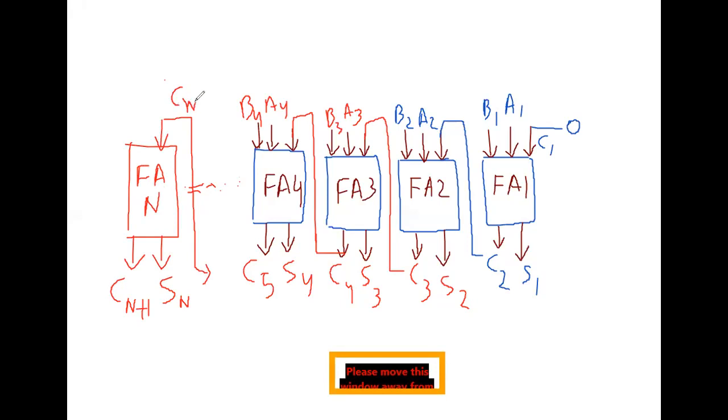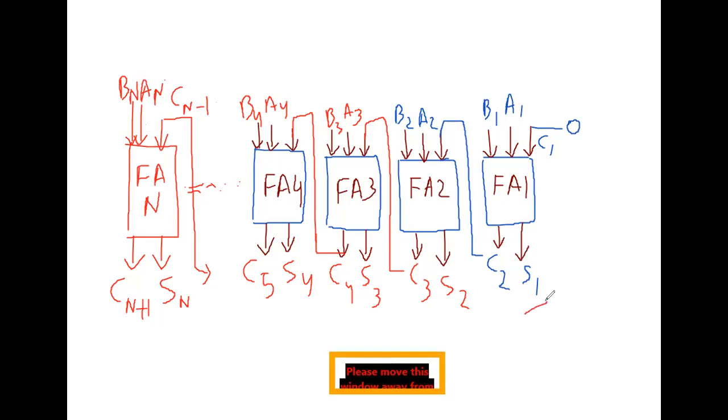The other inputs will be An and Bn. Understood? Any doubt on this? The same manner you have to go.